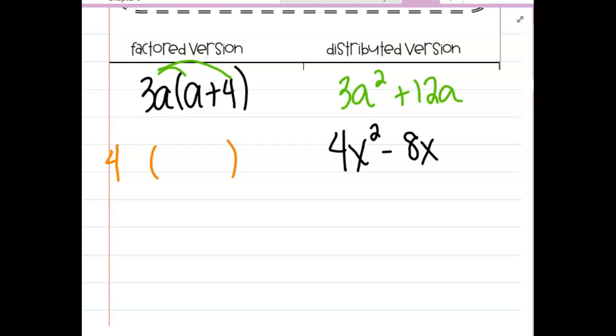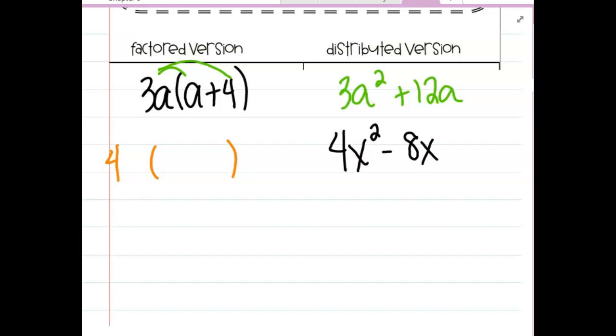Now here's the thing. This is called factoring out. I need to factor out anything they have in common. Now they have a 4 because you can divide out a 4. But if you look at these, what else do they have in common? An x. You want to factor out as much as you possibly can. But when it comes to the variables, how I think about this is like you're taking it away.